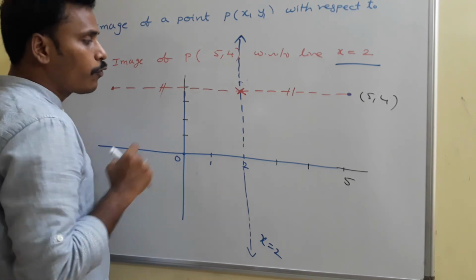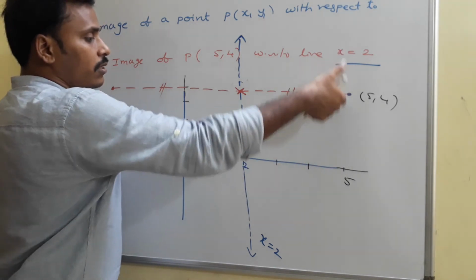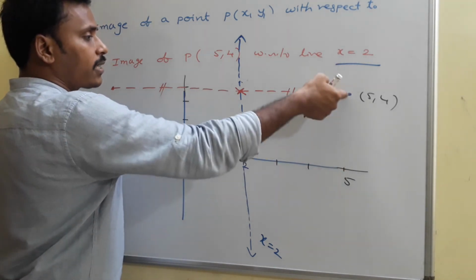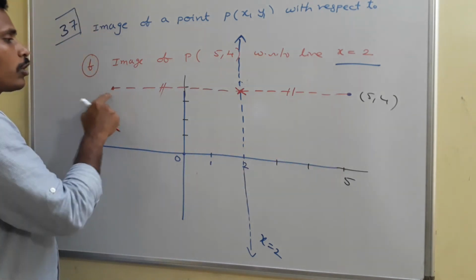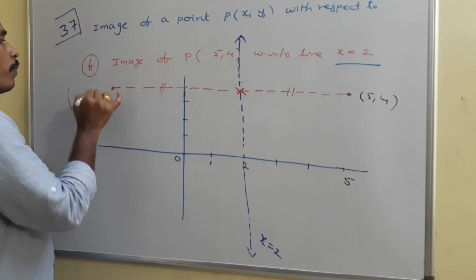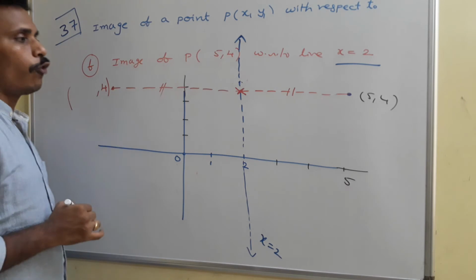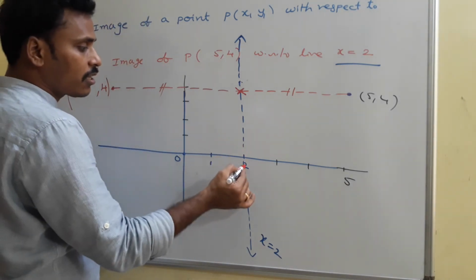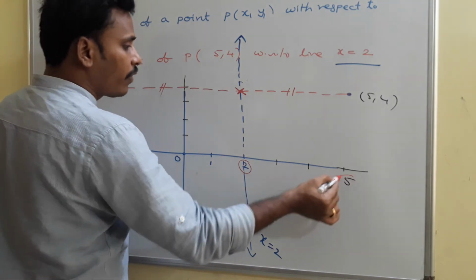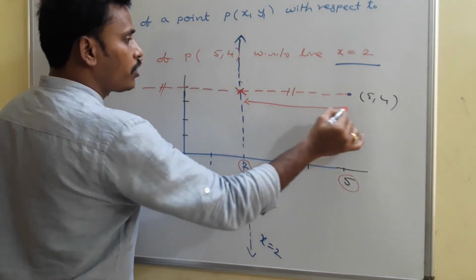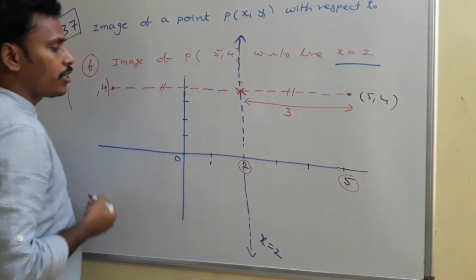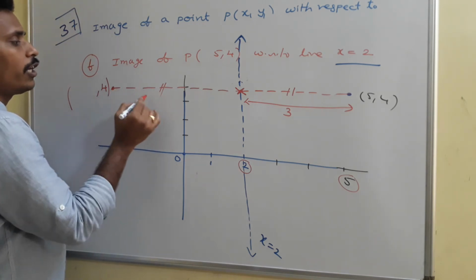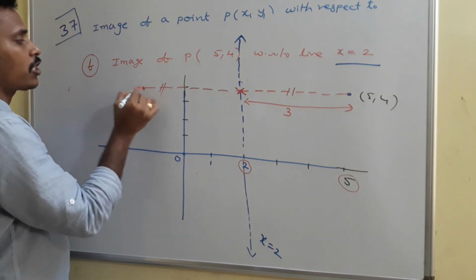The vertical distance from the x-axis to the point is 4, and here also the vertical distance is 4, so the y coordinate is for sure 4. But what to say about the x coordinate? This is x = 2 and this is 5, so this distance is 3. Since this distance is 3, we need to take the same distance in this direction also.